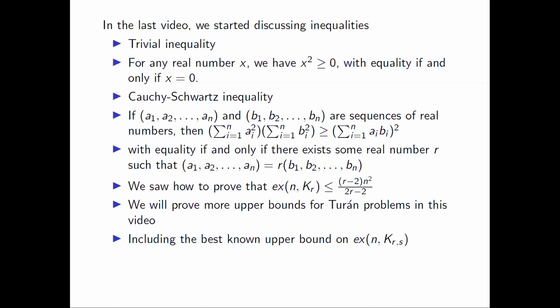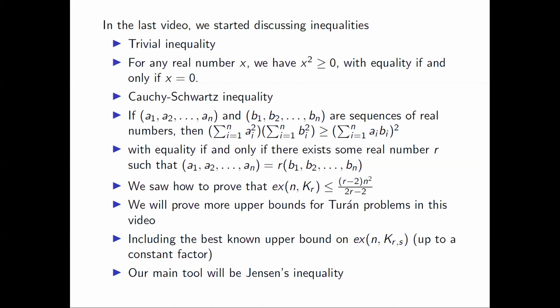And when I say best, I mean best up to a constant factor. So our bounds will be big O bounds. We won't really care about constant factors. And the main tool that we'll be using throughout this whole video is Jensen's inequality.